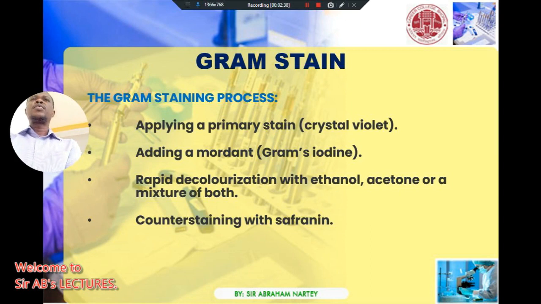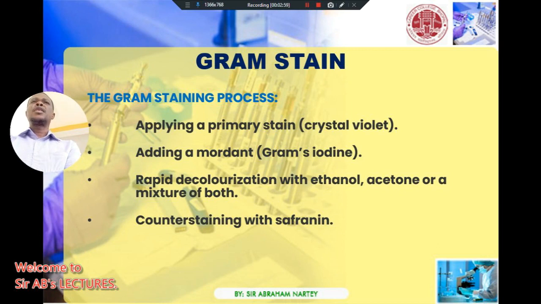Going through the processes, point one is how to apply the primary stain, that is the crystal violet, then the mordant, the gram stain iodine, and then rapid decolorization with what? Alcohol or acetone, or a mixture of both.